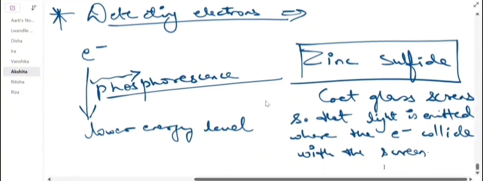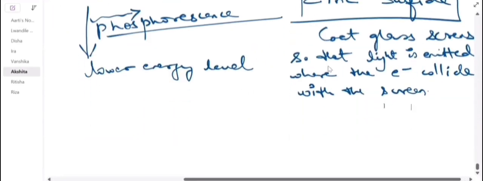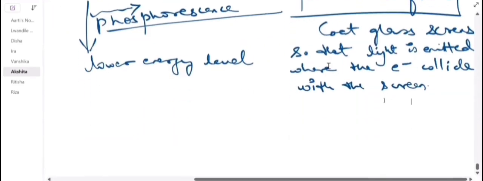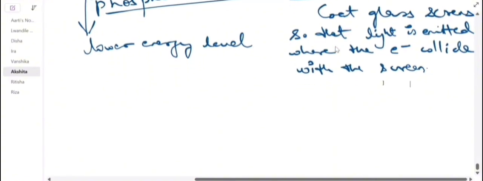Okay, fine. Now this is how older types of TV screens also work, and we can identify where the electrons are going.